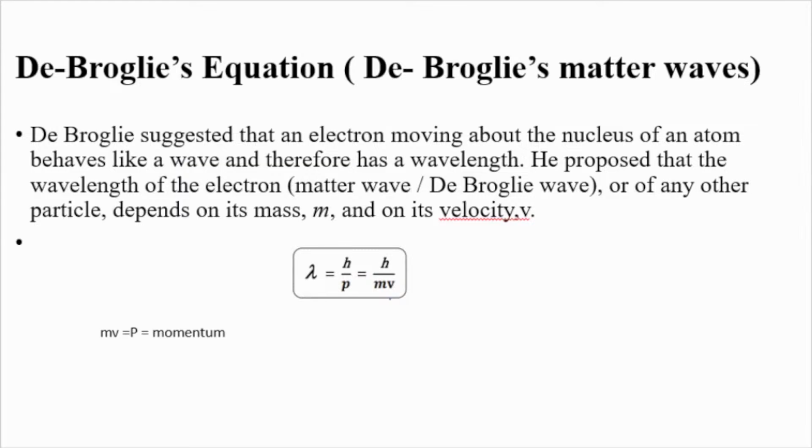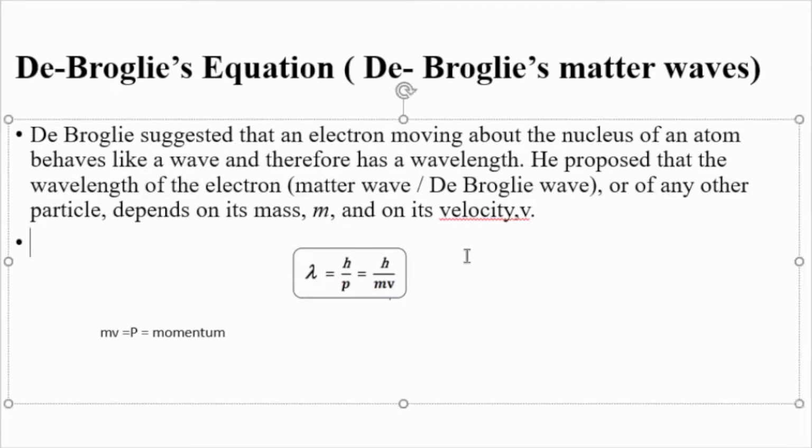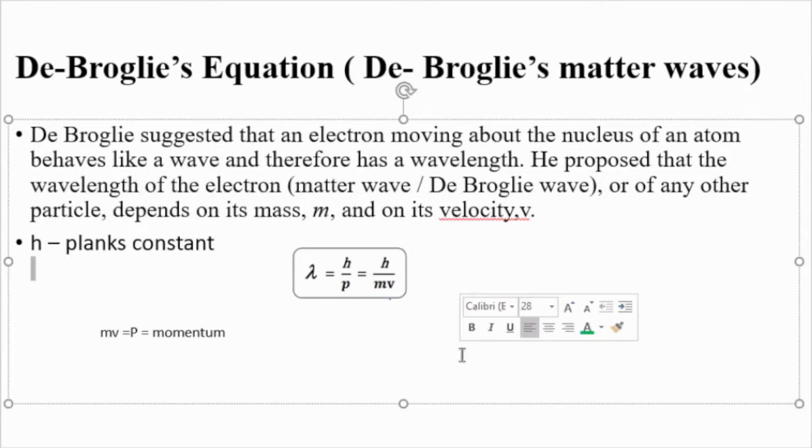P is the momentum, the product of mass and velocity. H means Planck's constant. This is what de Broglie stated.